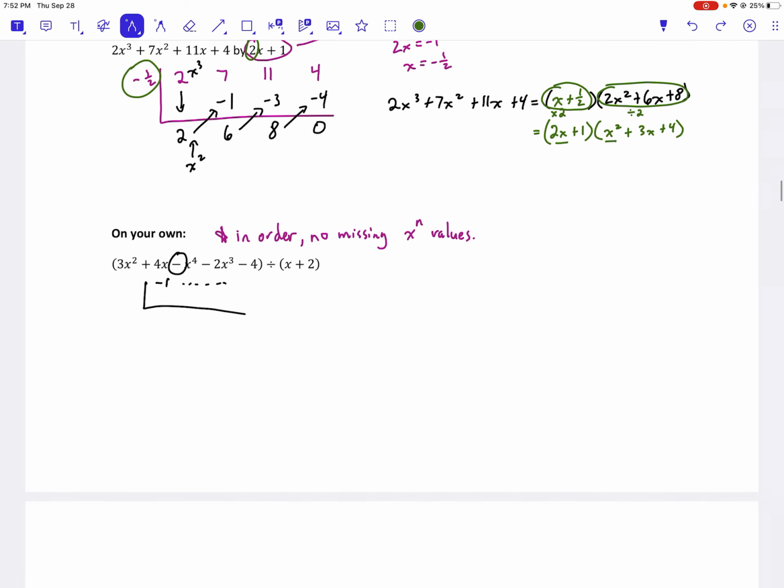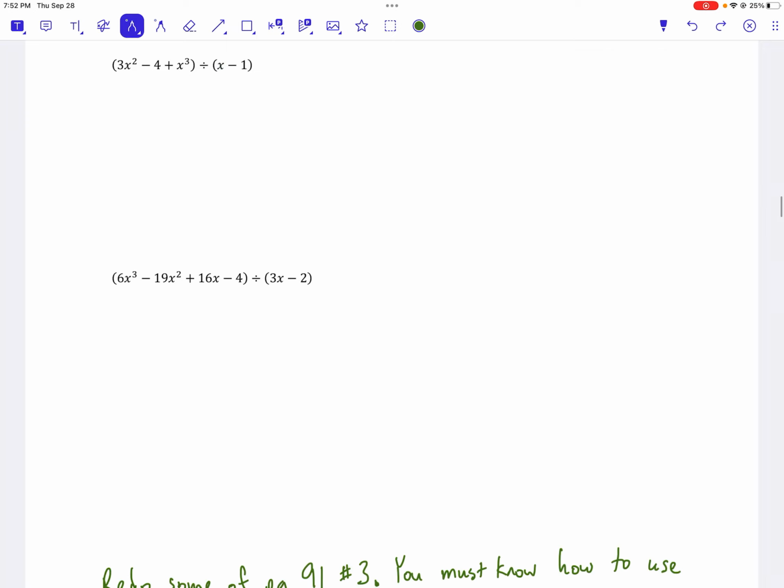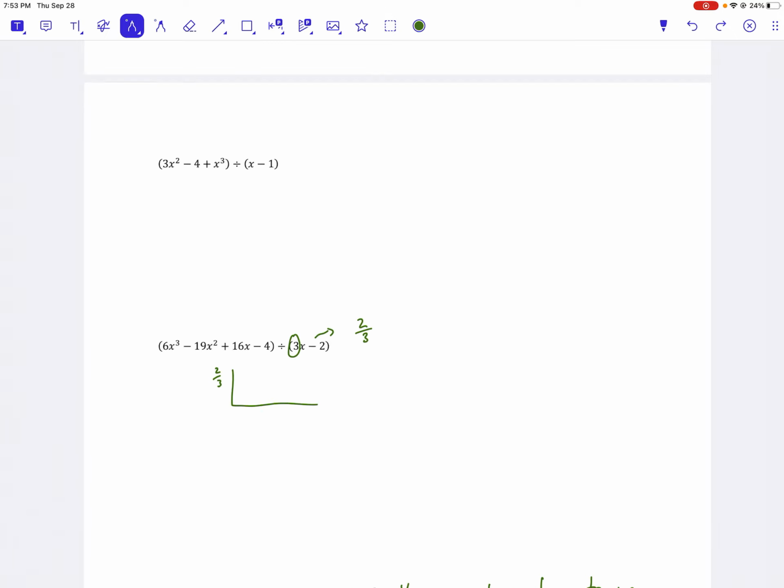So you're going to notice here it doesn't matter because there's no coefficient of x. Here it doesn't matter, no coefficient to the x, but here it does. And the 0 of this divisor will be 2/3. So you're going to go, boom, 2/3. Now all of your answers are going to be wrong over here because it's synthetic, it's not real.